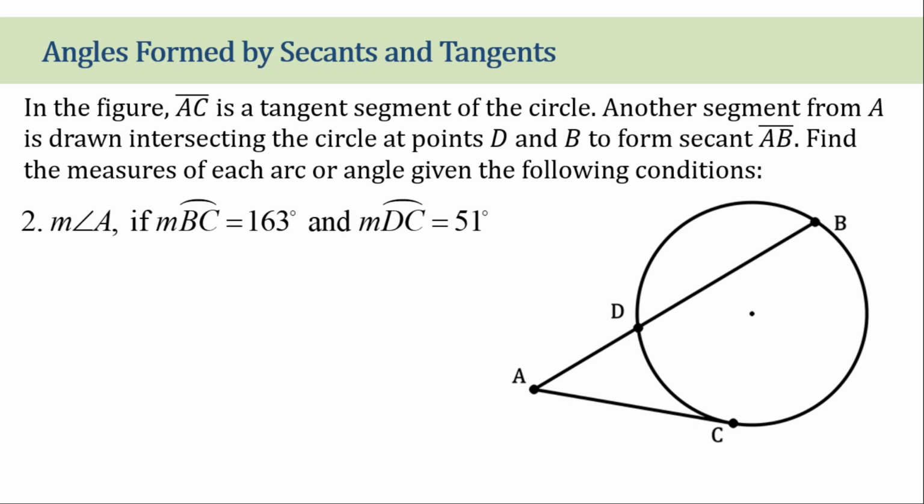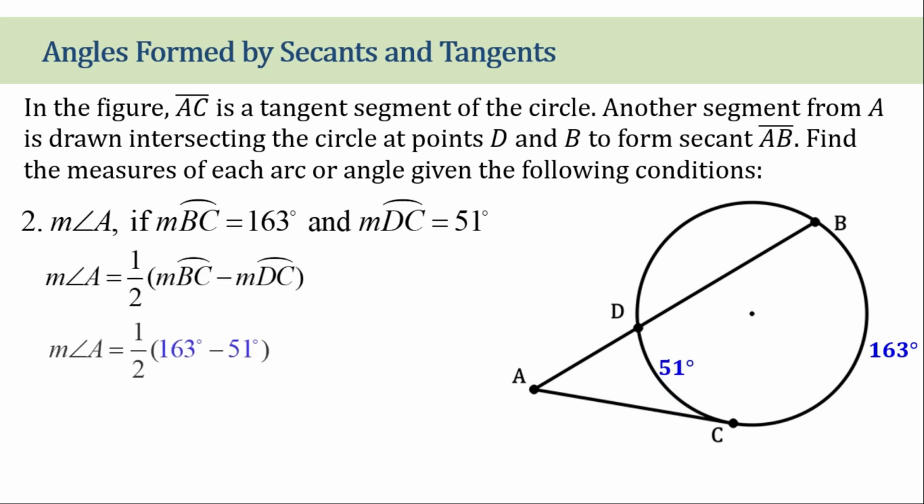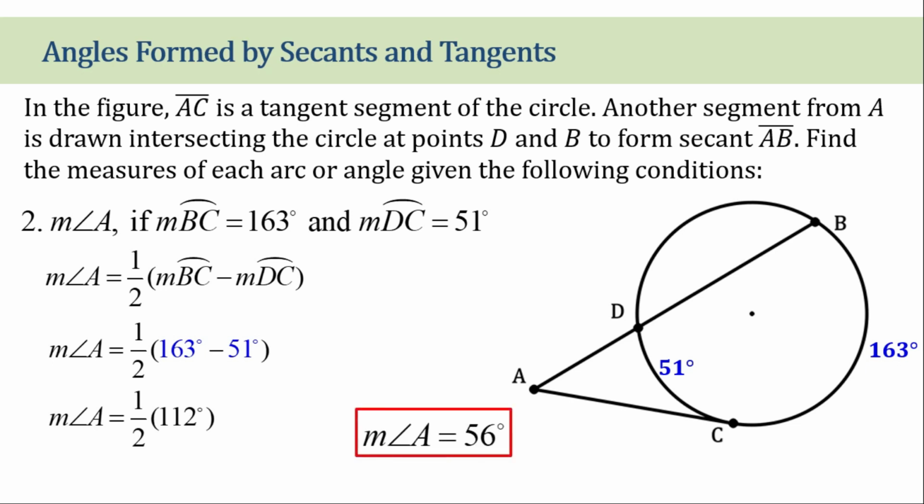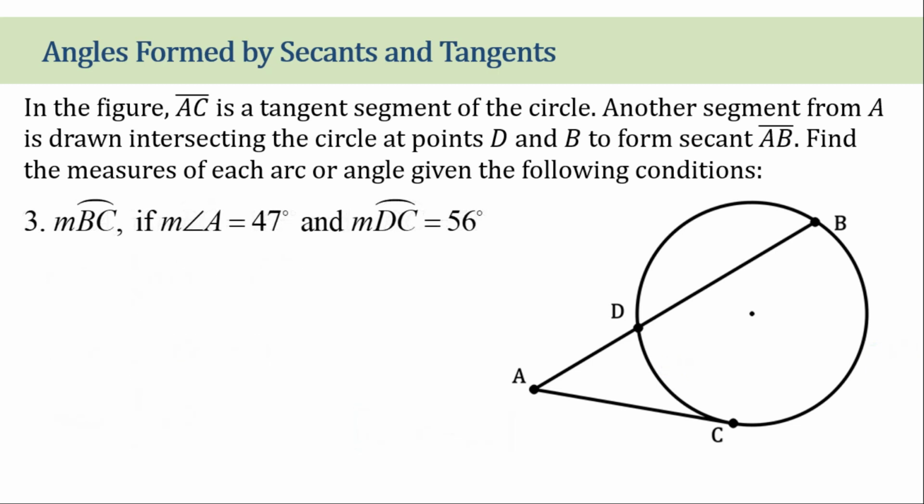Now let's find the measurement of angle A if BC is 163 and arc DC is 51. So that is 1 half of 163 minus 51. 1 half of 112, that is 56 for angle A. For number 3, find the measurement of the larger arc if angle A is 47 and arc DC is 56.